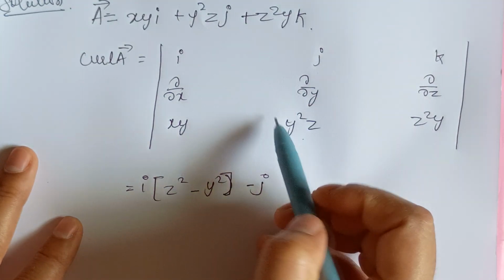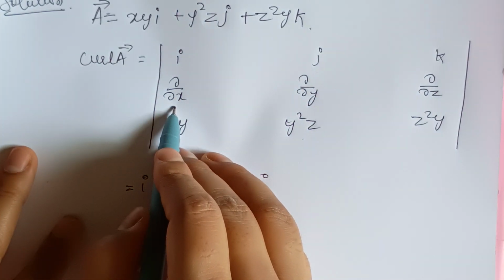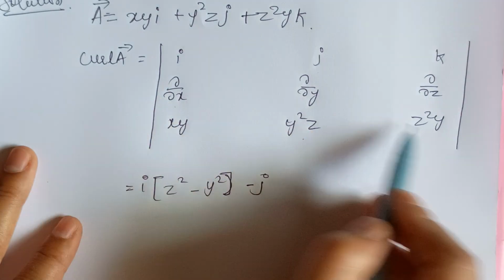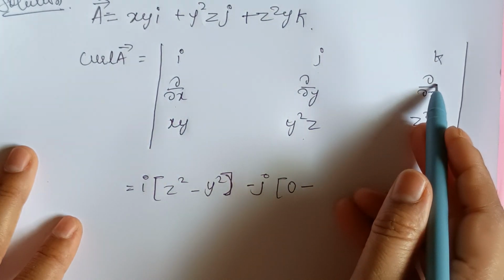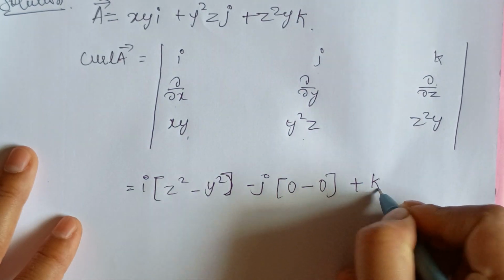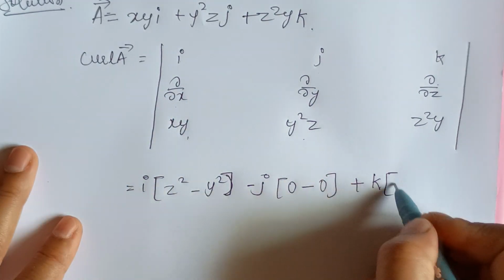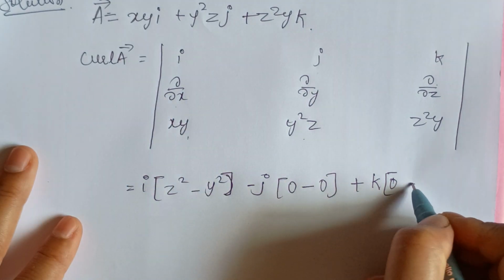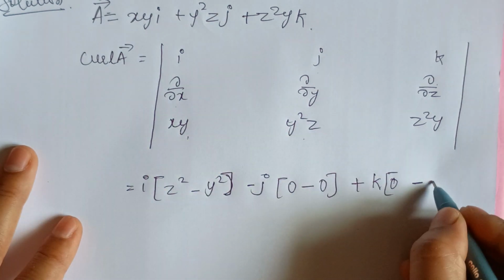Minus j. So leave this column, leave this row. We are going to have differentiating partially with respect to x. So this is going to be 0, minus differentiating partially with respect to z. So this is going to be 0, plus k. So leave this column, leave this row. So this is going to be 0 and this is going to be minus x.